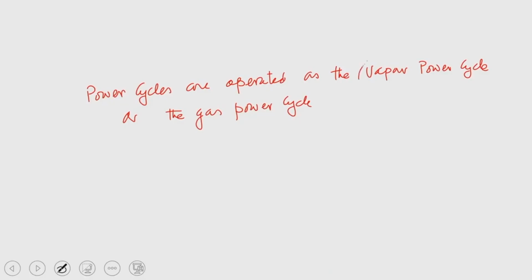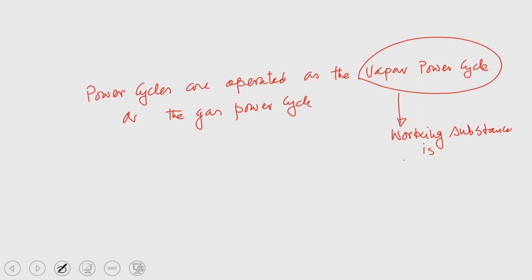For the vapor power cycle, you know, the working substance is water and steam, right. Since the working substance is water and steam, the name steam is there.